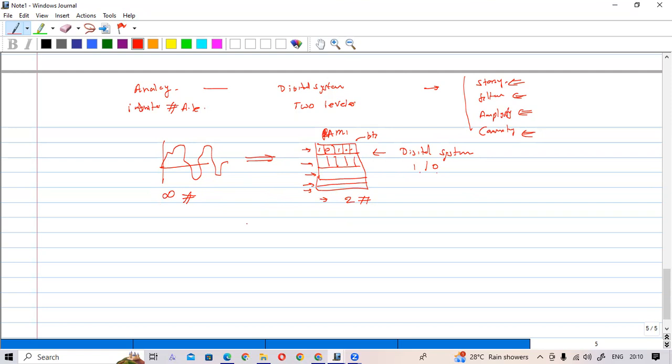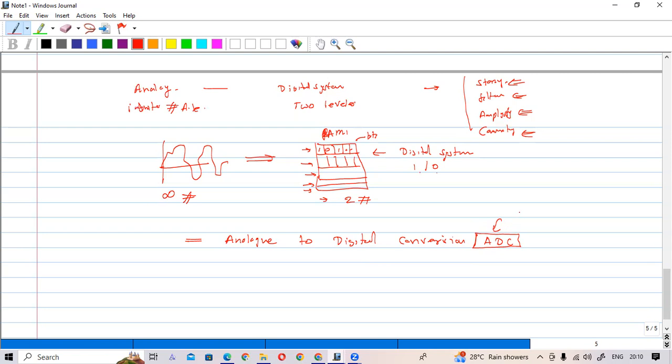This conversion we call analog to digital conversion. Normally we refer to it as ADC, analog to digital converter. This is an electronic device. You can find these on the internet.